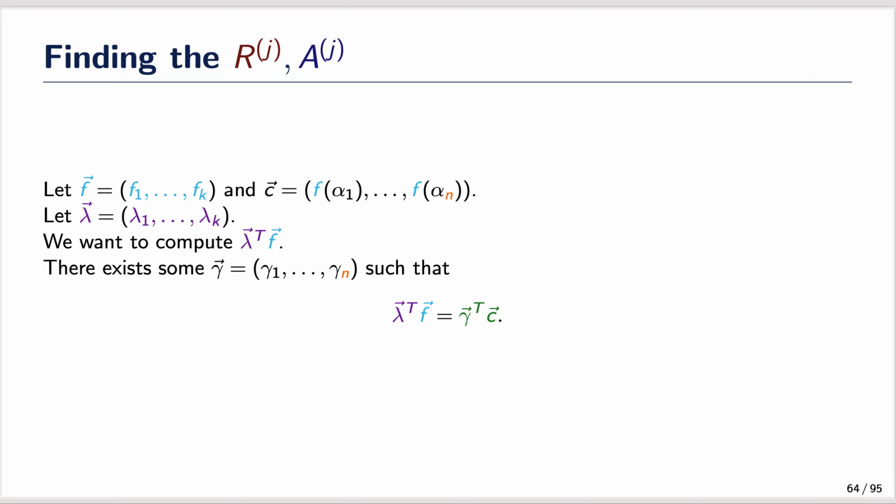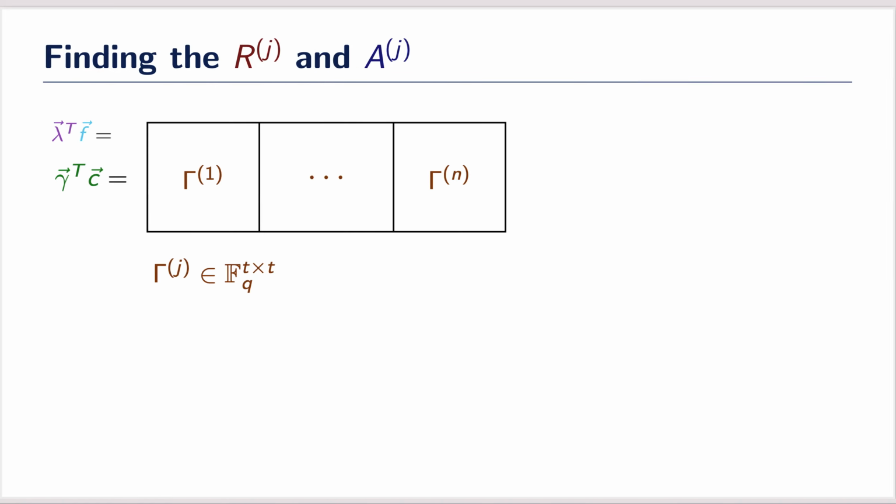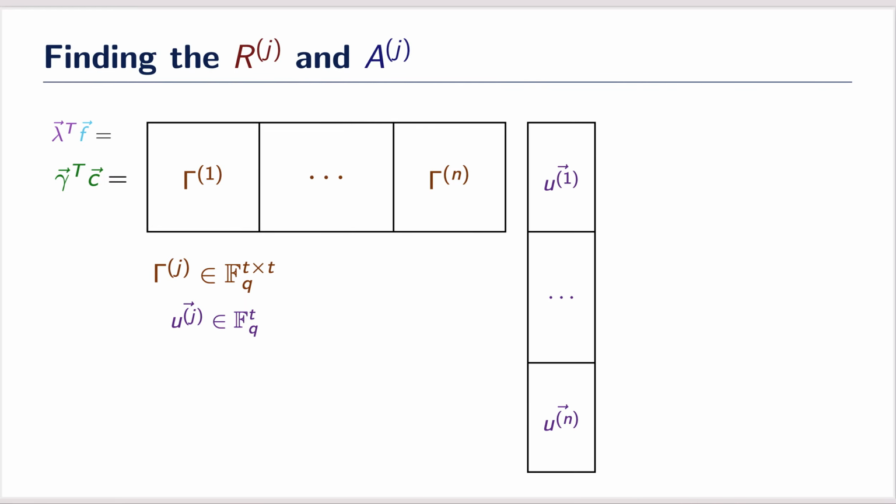So what we're going to do next, now that we've transformed it from thinking about lambda transpose f into gamma transpose c, is we'll just expand the gamma symbols into matrices and expand the c code word symbols into these t-dimensional vectors. And that way we can write it in this big block notation.